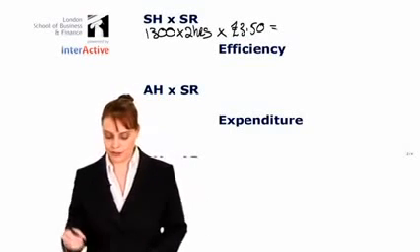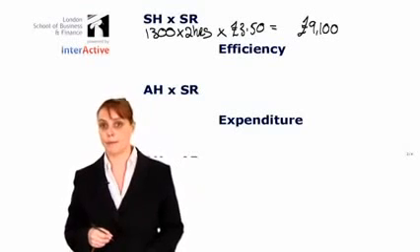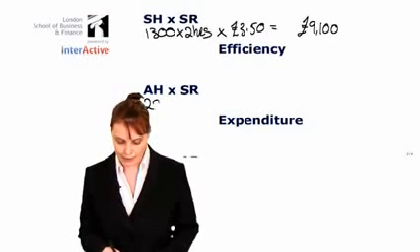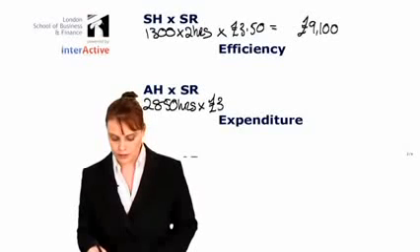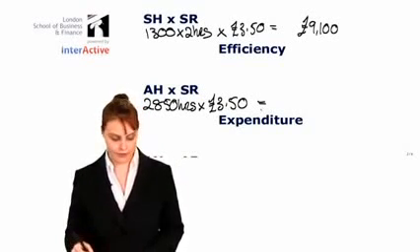When you calculate that through, you should get £9,100. Then looking at our actual hours valued at the standard rate, 2,850 hours multiplied by 3.50 gives us 9,975.